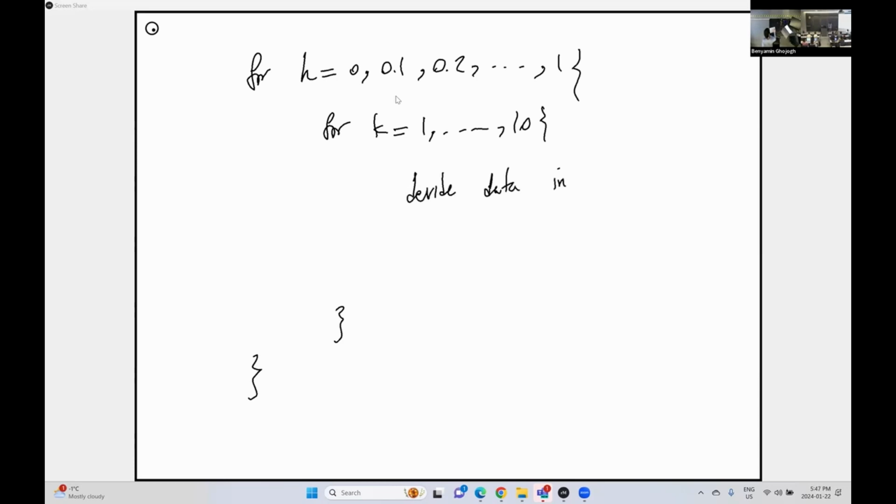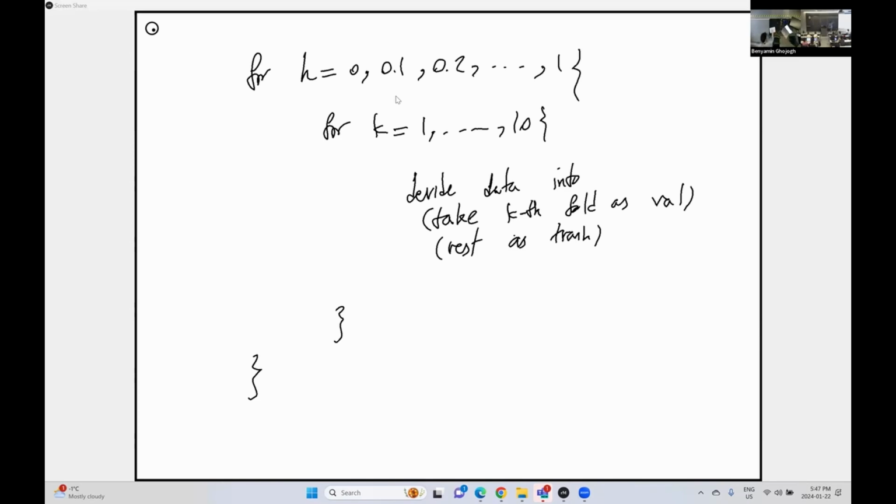I already have divided data, and therefore I take basically one fold as validation, and the rest as train. Right? We have split our data into 10 parts.